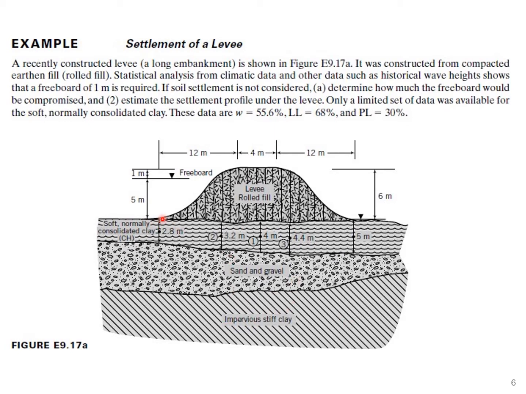And look at the levee, the shape. In fact it would not be wrong to say that there are two triangles loading up to this and this one, and here you are having the rectangular one. Well, there is a slight misprint. This 4 meter is basically up to this point, from this point to this.